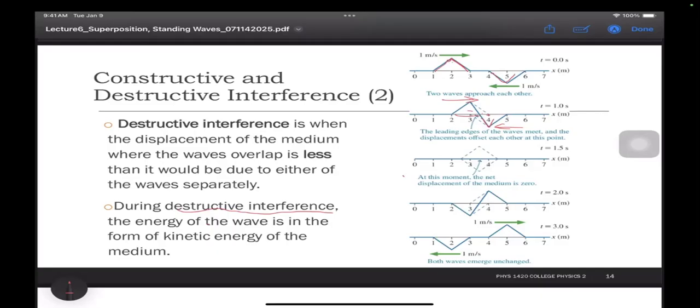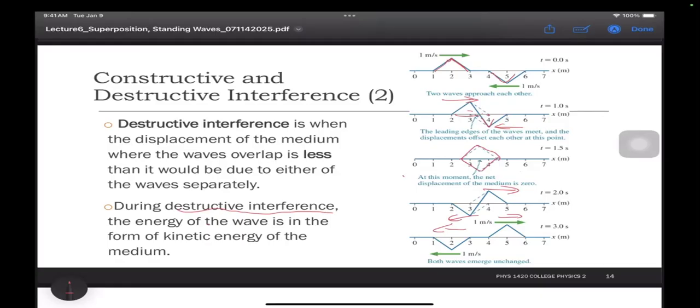Because those two waves are the same, only one is positive and the other is negative, at this place the net displacement of the medium is zero. Then they continue and finally separate. Does it make sense to you?